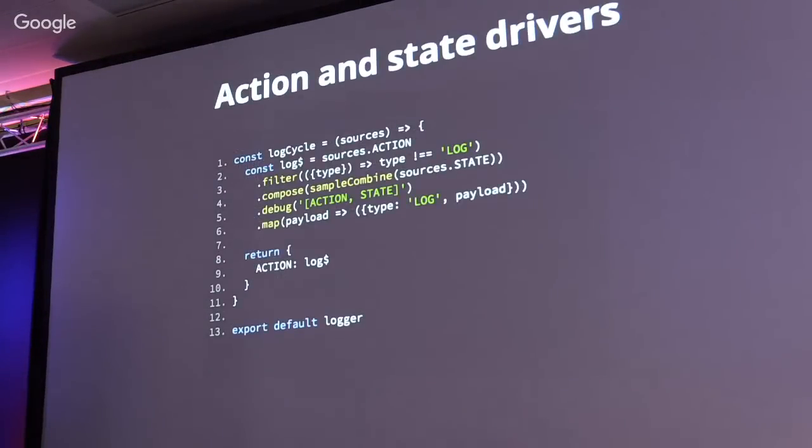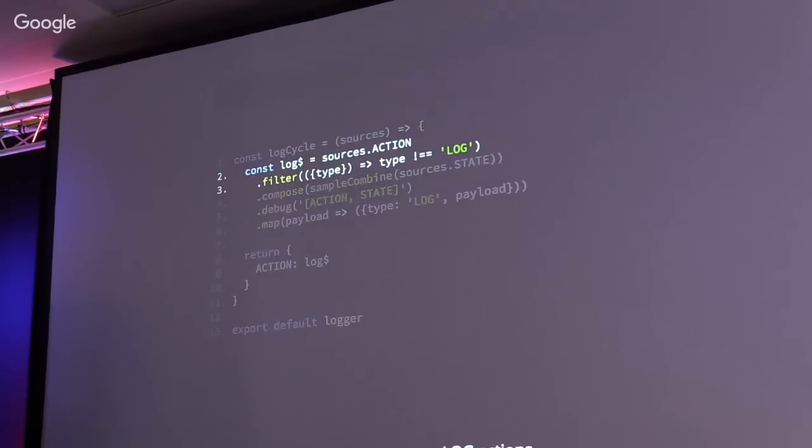We saw that there is an action driver. But the middleware also comes with a state driver, because sometimes you also want to read the state, and you want to compose and react accordingly. For example, a simple logger. What if you want to log the state and the action being dispatched every time? We can do that by first getting the action stream and filtering for any action that is not a log action. Then we compose this with the state stream.